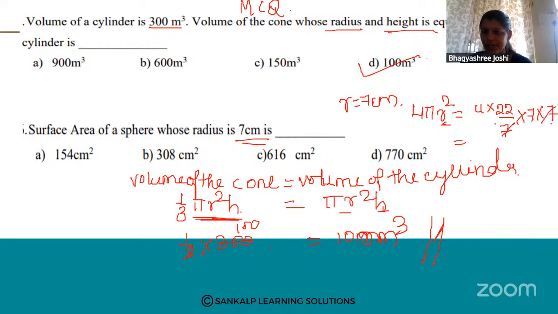So 4 into 22, that is 88. 88 into 7 is 616.